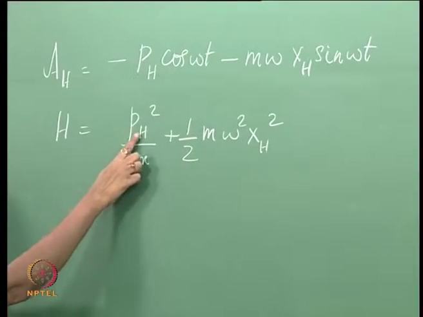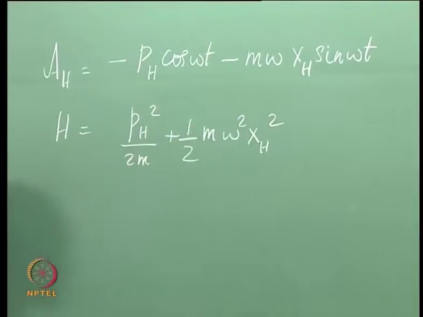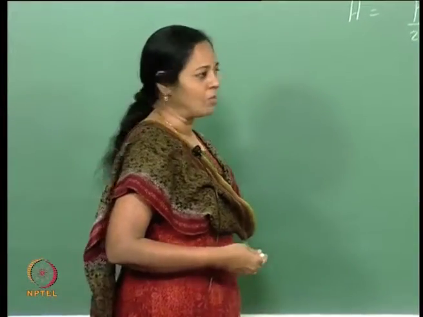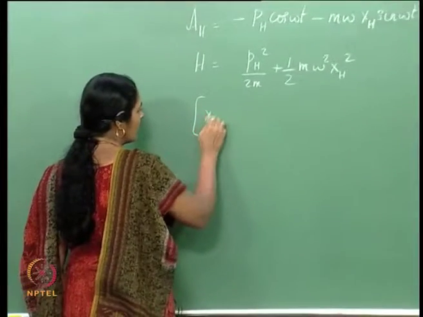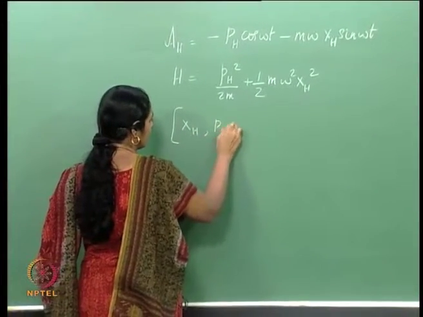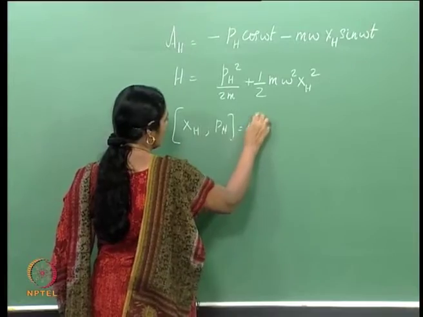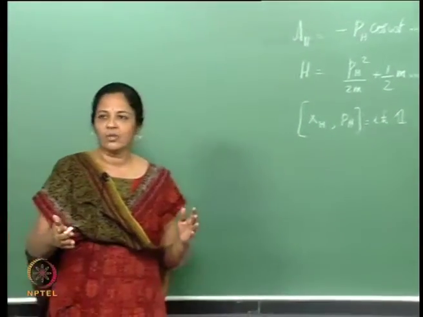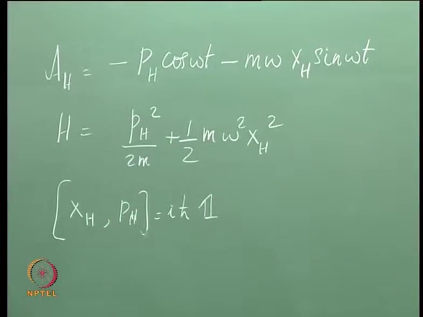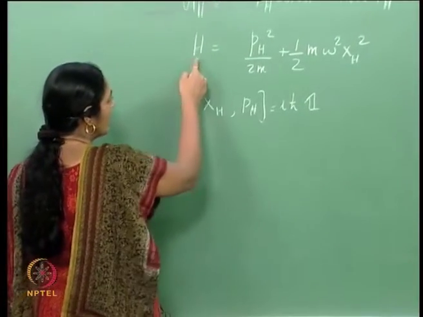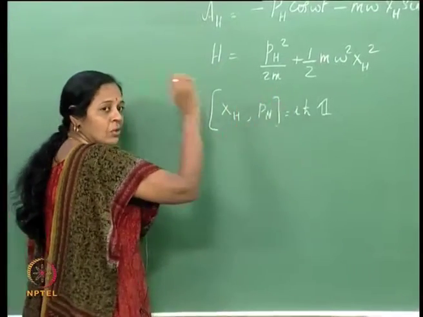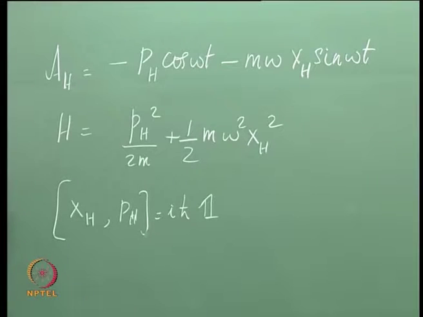Please remember that the Heisenberg picture operators are unitarily transformed versions of the Schrödinger picture operators. Therefore, this is certainly true. The Lie algebra holds in whichever picture you are in. I did not write H sub H because, as I have already told you, the Schrödinger picture Hamiltonian is the same as the Heisenberg picture Hamiltonian.